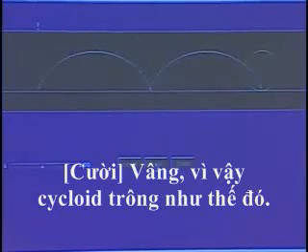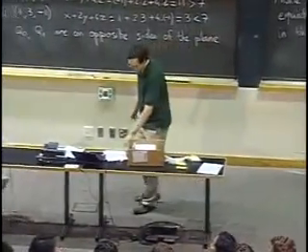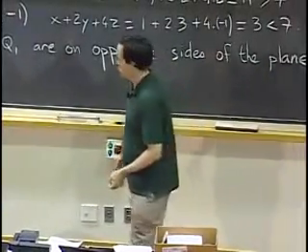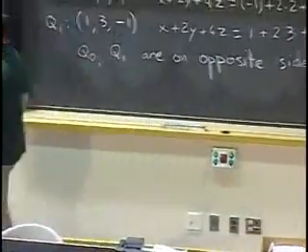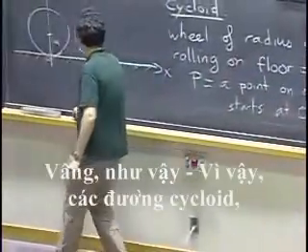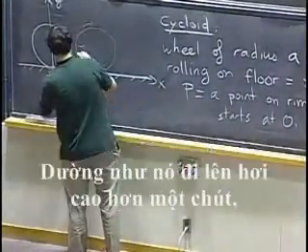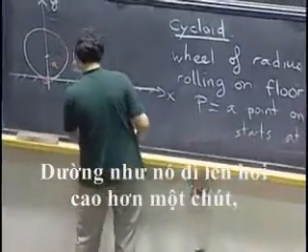Okay, so that's what a cycloid looks like. Okay, so the cycloid, well, I guess it doesn't quite look like what I've drawn. It looks like it goes a bit higher up.